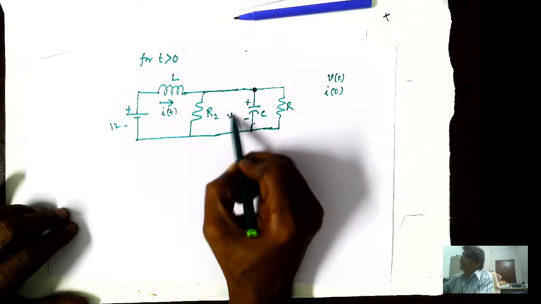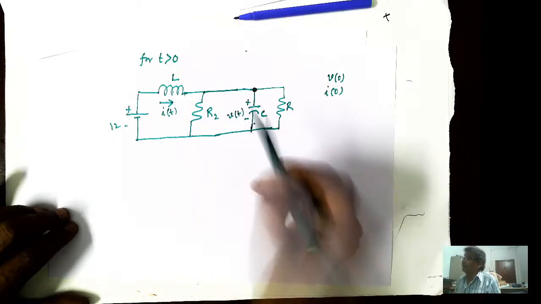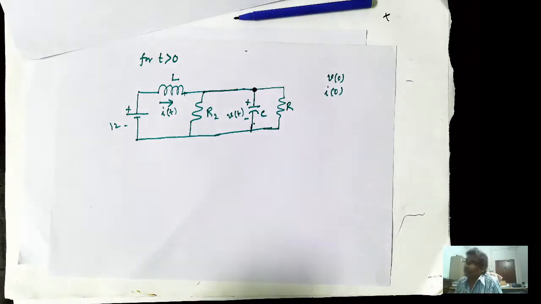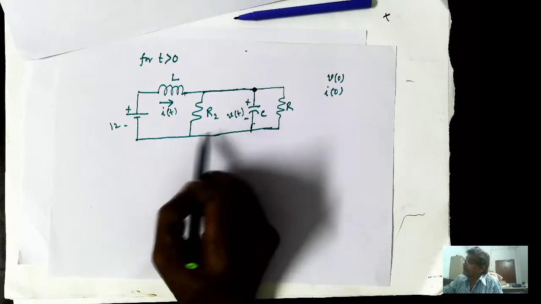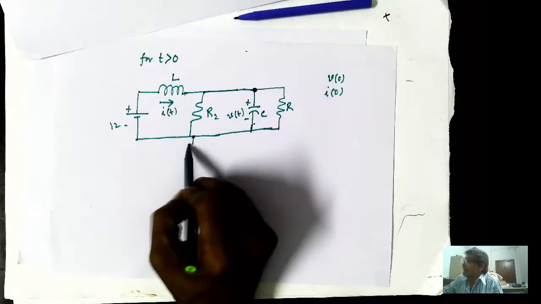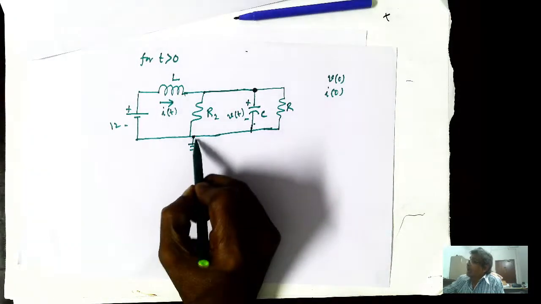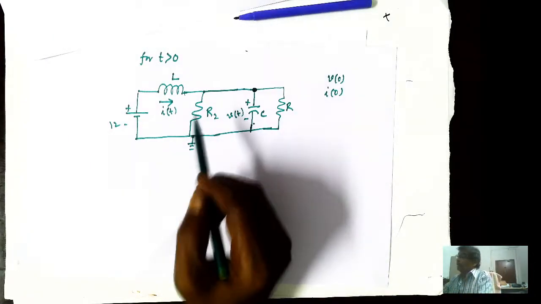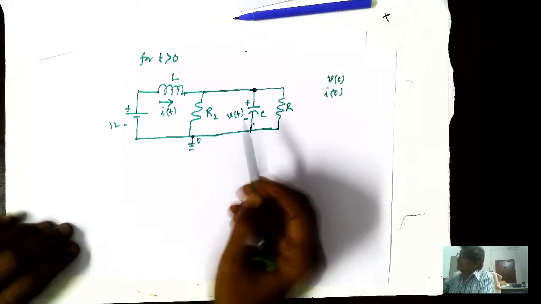Now looking at this circuit, it looks like I have to form a differential equation, and I will try to form it, as I have told you, in terms of the voltage across the capacitor. Let us see how it is done. Suppose you take this point as your reference point O and try to apply the nodal method of circuit analysis.